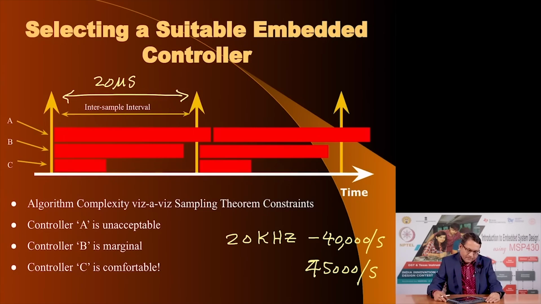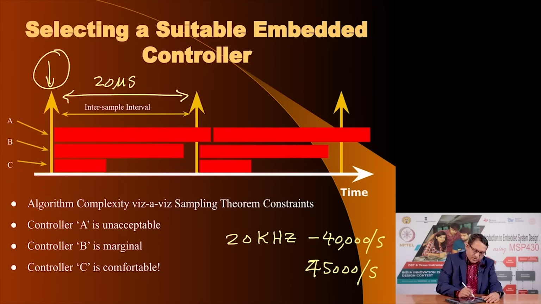Is that right? Yes. Therefore, what happens in these 20 microseconds? At this point, the microcontroller receives one sample. After 20 microseconds, it is going to receive one more sample. It must process the current sample that it has received and produce an output before the next sample is due. Now we have taken three cases.